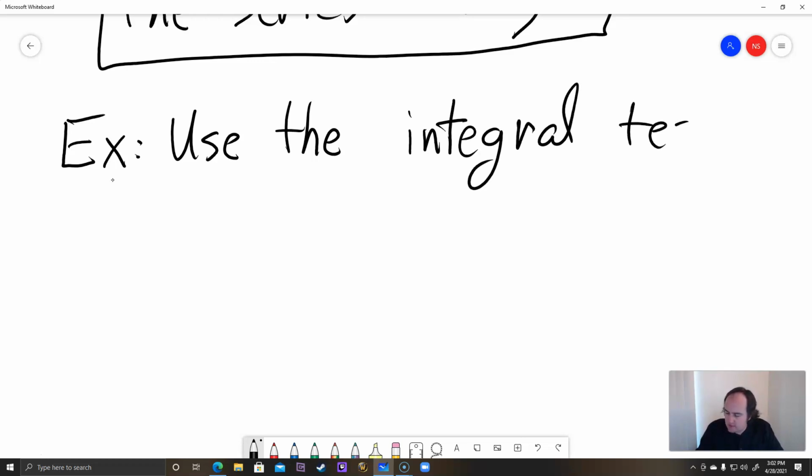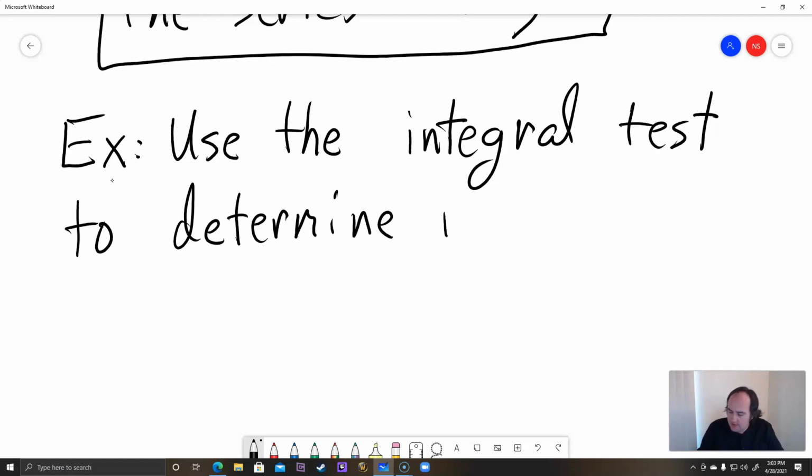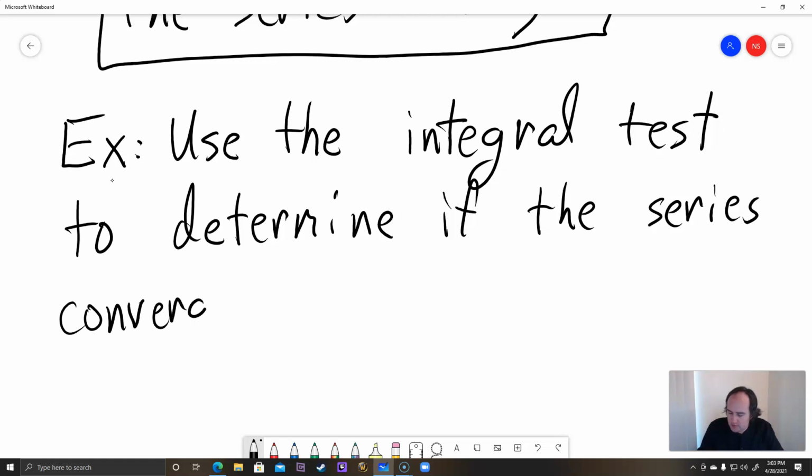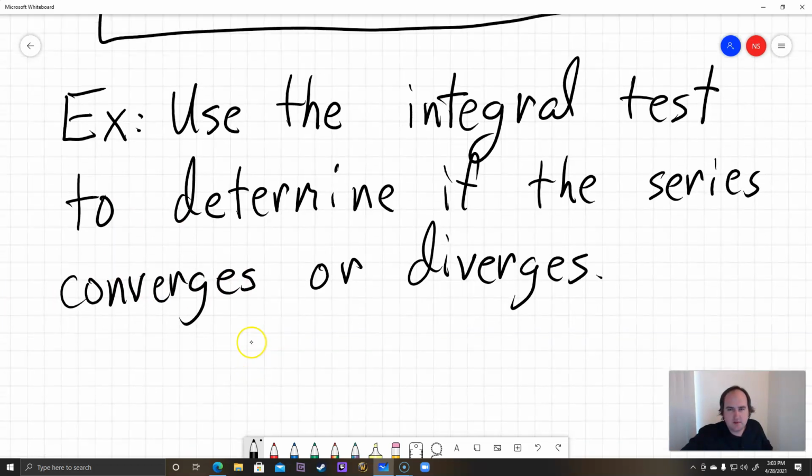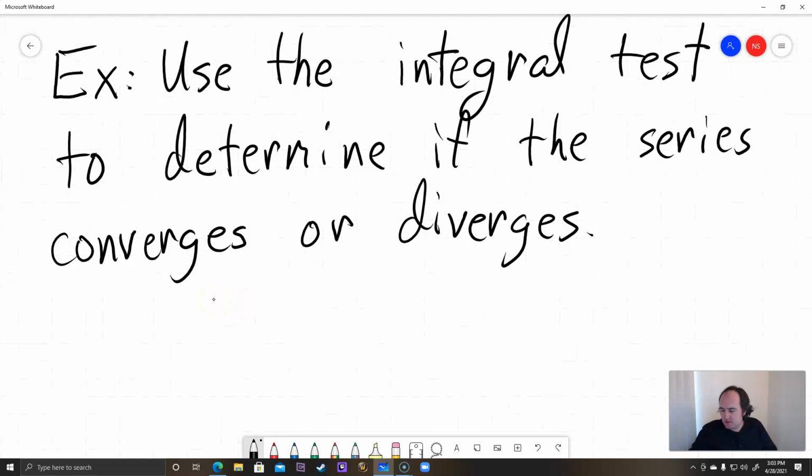Use the integral test to determine whether the series converges or diverges. We're going to do a couple examples of this. It's an important test. It's a lot more work than the test we just learned, but it's still important, so we're going to do it.